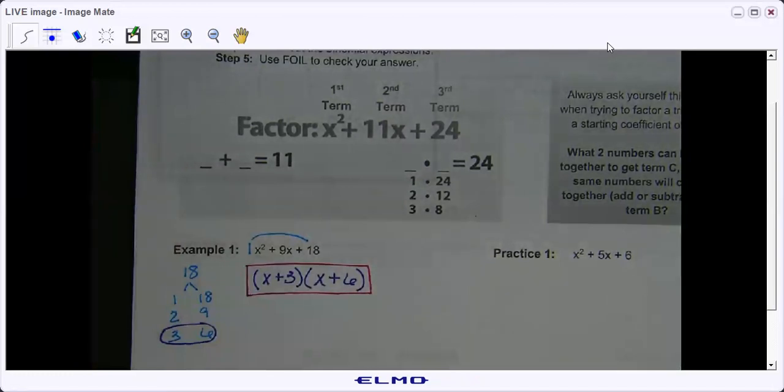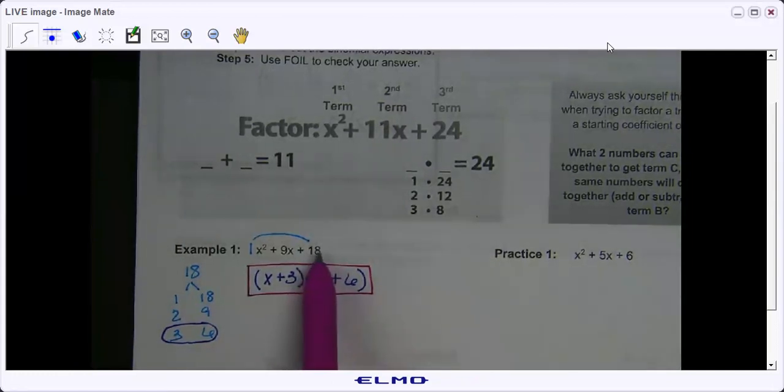So I'm just going to recap just a little bit. We are determining the factors of 18, 1 times 18, that add up to 9. Those two factors go into the two binomials, and we have factored out this trinomial.